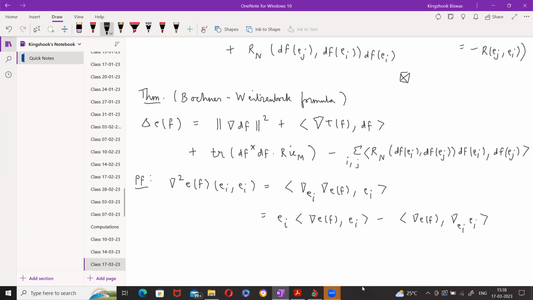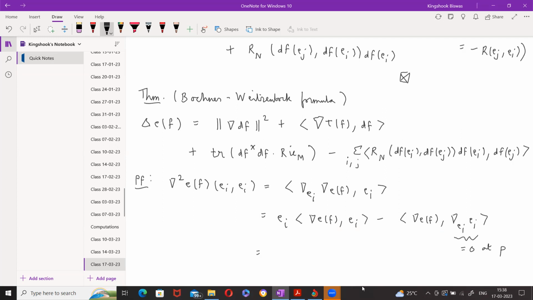This is just by metric compatibility. But this nabla e_i e_i is 0 at p, since I'm computing everything at p. So at p, I can forget about this term, and I get just e_i of the inner product of the gradient of e(f) with e_i.